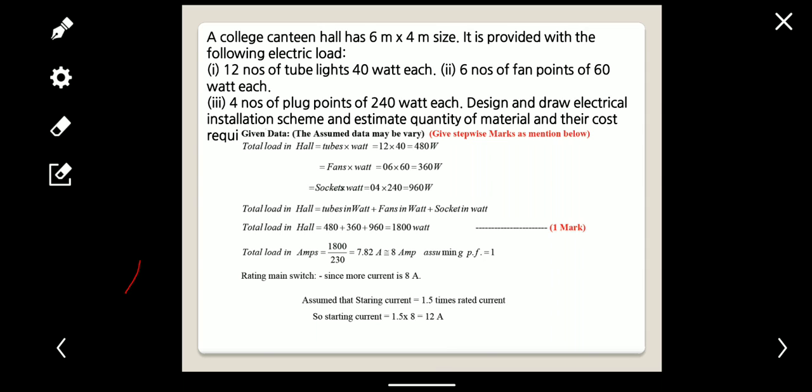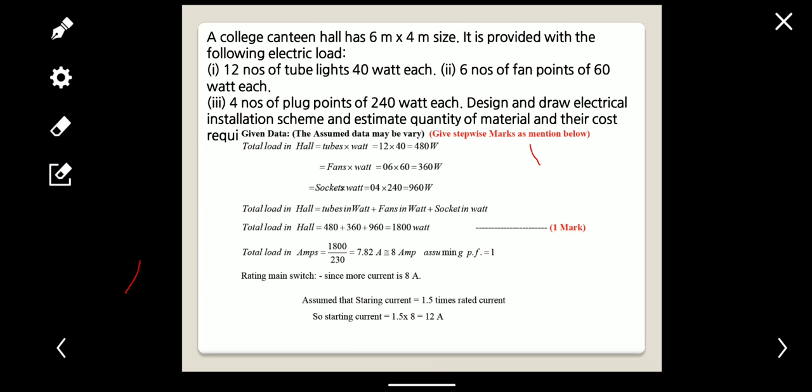Design and draw the electrical installation scheme, and estimate the quantity of material and their cost required. So here is the given data, and assume suitable data if required.